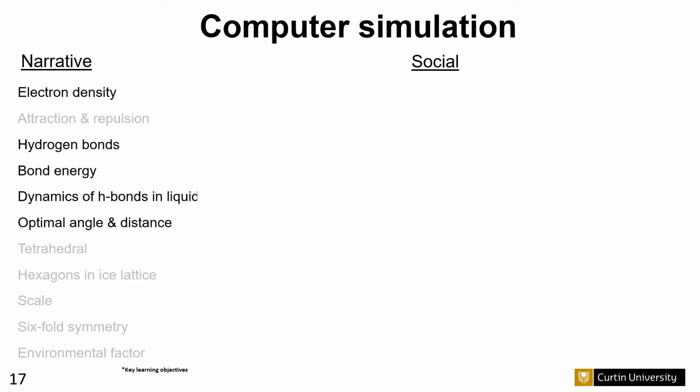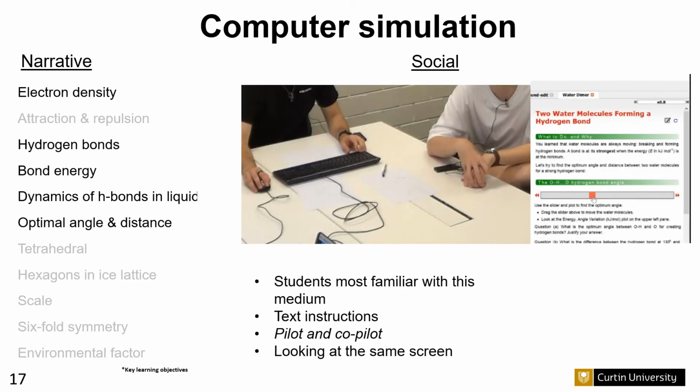And then let's take a look at the social immersion. With this media, students feel more comfortable because they are more familiar with this and familiar with the text instruction. And because of the setup, we have only one keyboard and one mouse. Students assume the pilot and co-pilot roles.